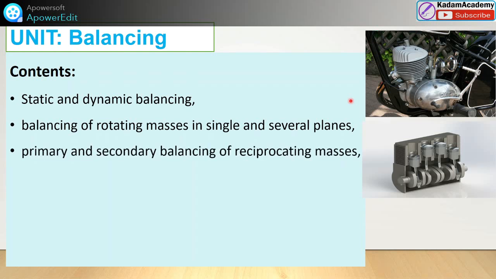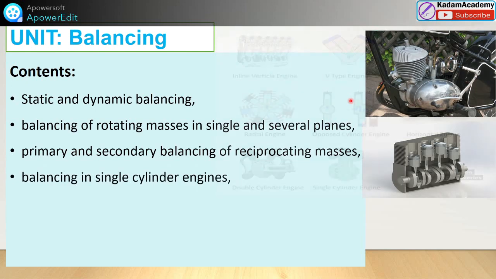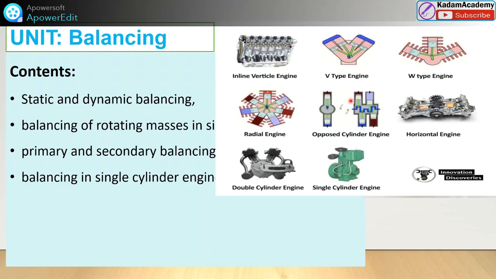primary and secondary balancing of reciprocating masses, balancing in single cylinder engines or multi-cylinder engines.